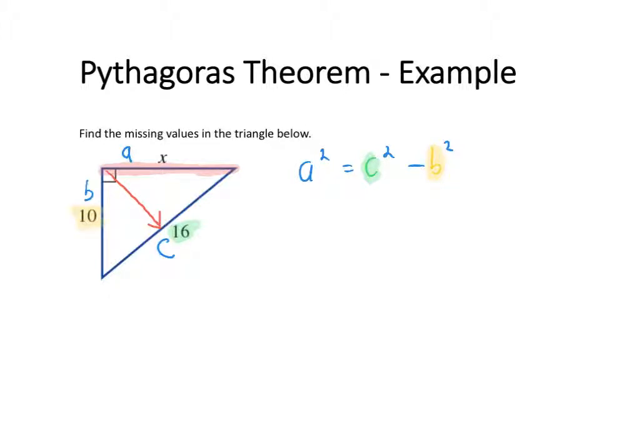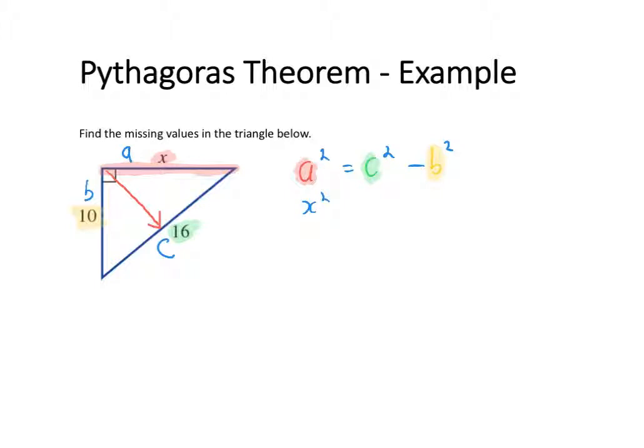And because they've labelled the question for me, I've got a value of a. And my a value is going to be x. So now that I've identified the values I'm going to substitute into the formula, I can go ahead and write my next line of working, which is the formula but using those values.